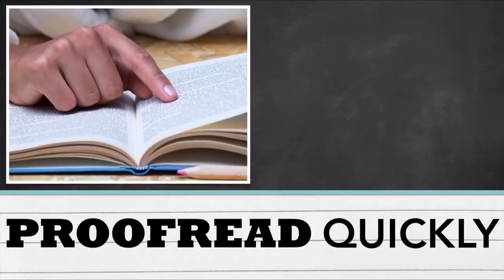Use your finger to guide you down the line, down your sentences, through the paragraphs as you are proofreading. Now what this does is it helps you to go line by line and keeps you on track in terms of what it is that you're looking at. And you can scan oftentimes with your finger a lot faster than if you just look with your eye and you don't have anything to guide you.